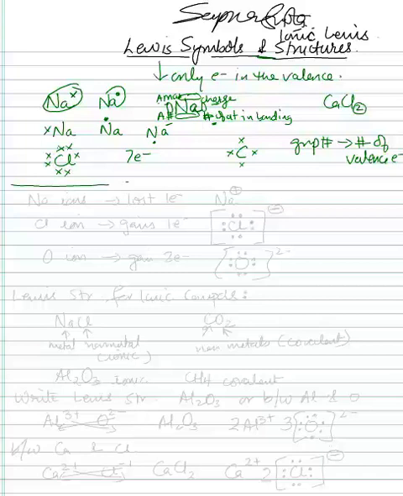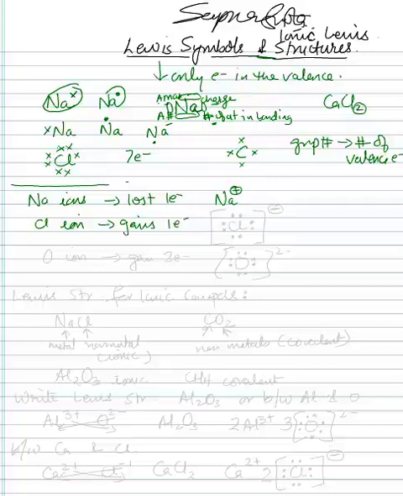If you had ions, for example a sodium ion, it means that it lost 1 electron. Now sodium doesn't have that 1 electron, so you will just write Na plus. That is the Lewis structure for the sodium ion because it doesn't have any electrons. The chloride ion gains 1 electron.